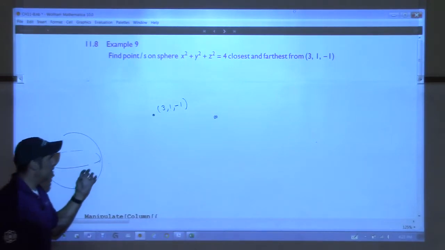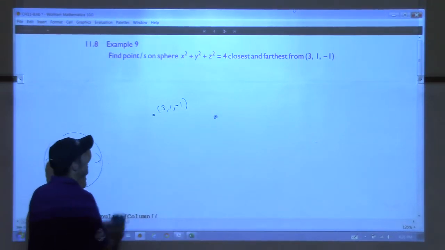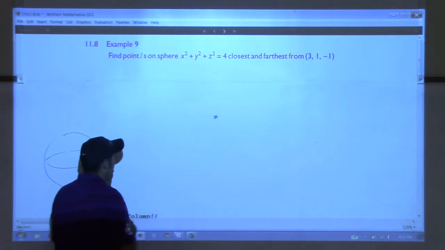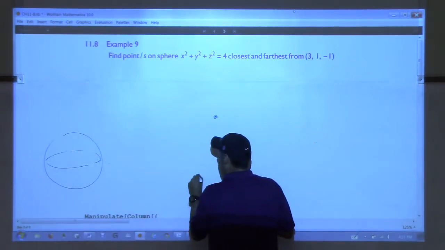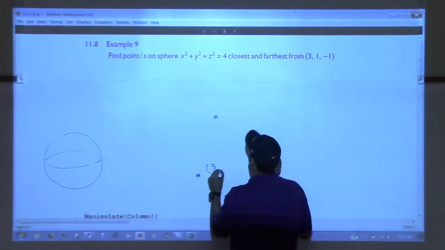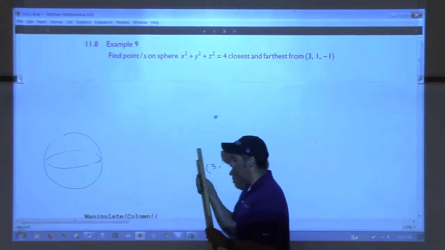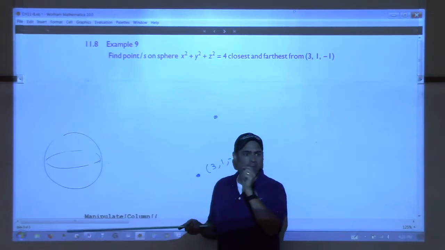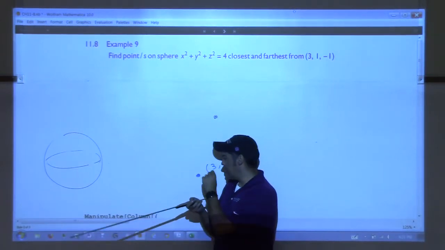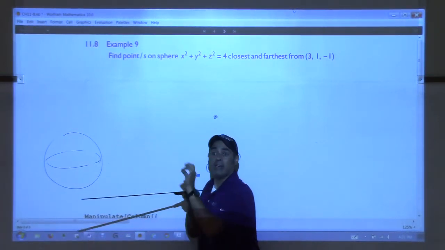The way I think you should look at this, let me bring this point down so it's almost at eye level with me. It's like you're sitting at this point and there is a formula that will give you the distance from you to any point.